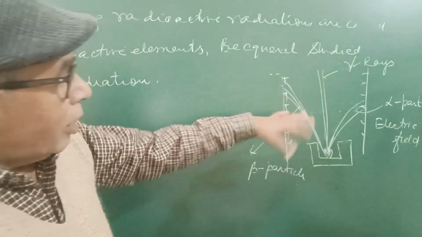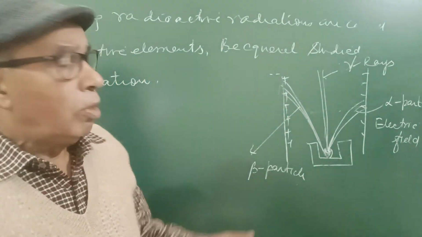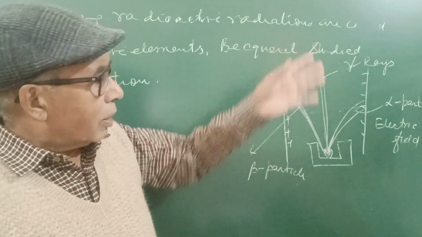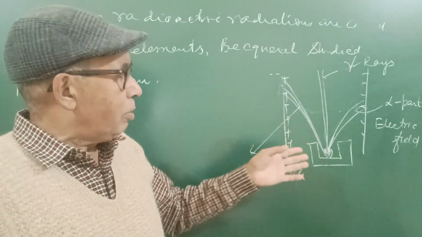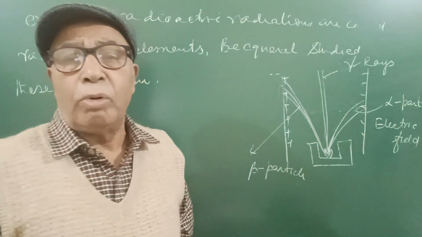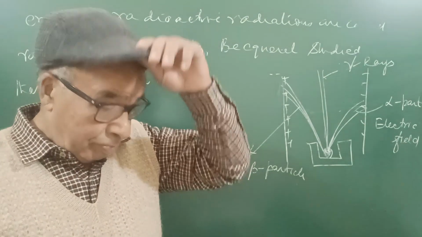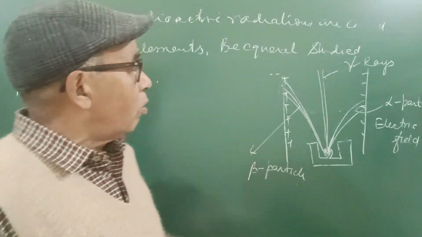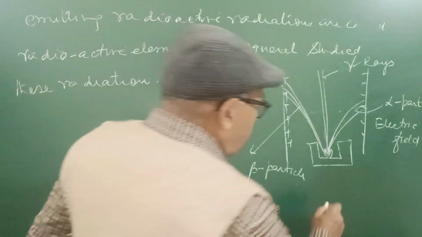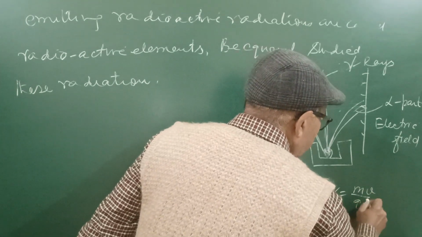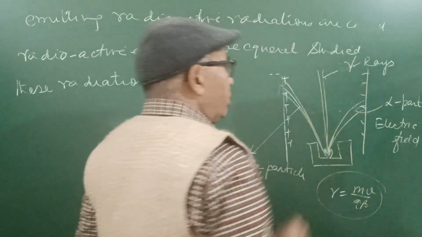Later, they were exposed to a magnetic field also, and again they were split. Actually, when a charged particle enters a magnetic field, it moves on a circular path, and the radius depends on the mass and charge, r equals mv upon qB. You knew this also. These were studied.